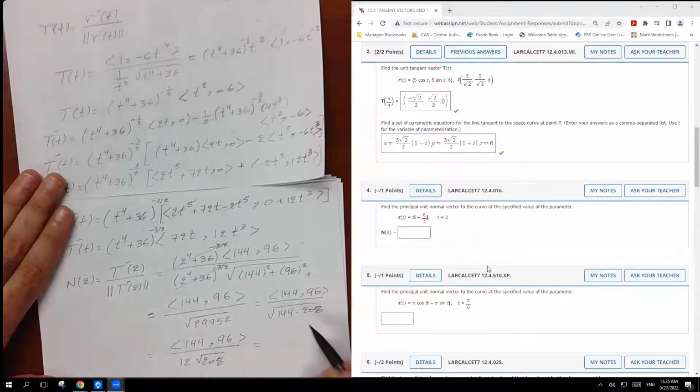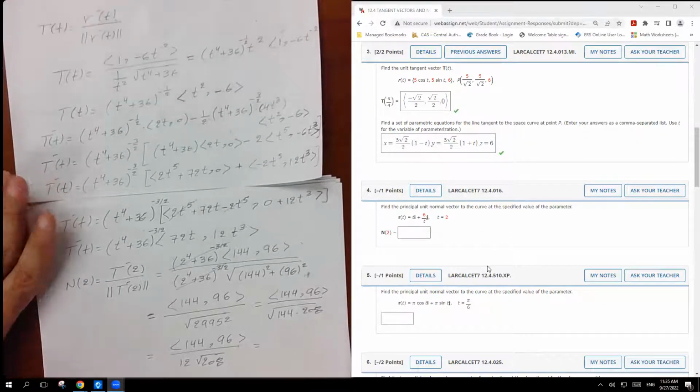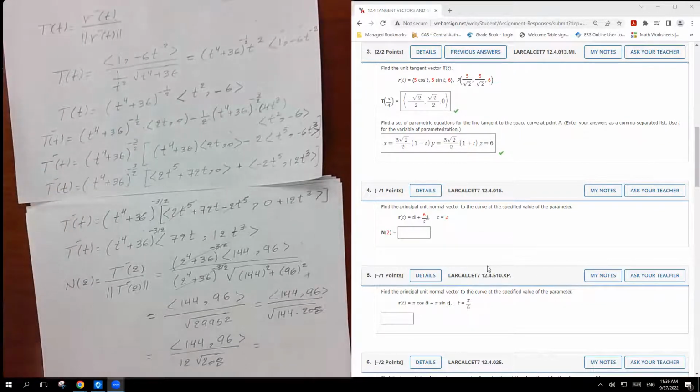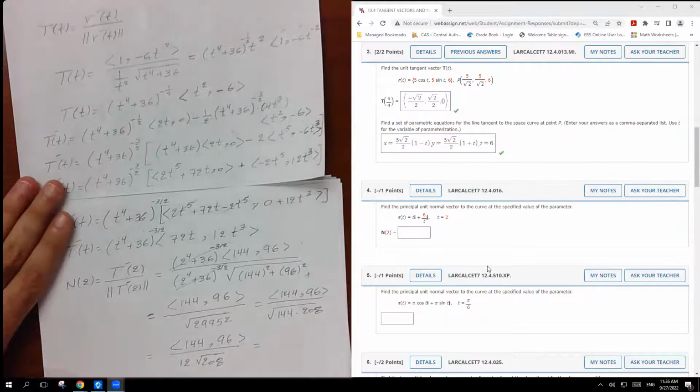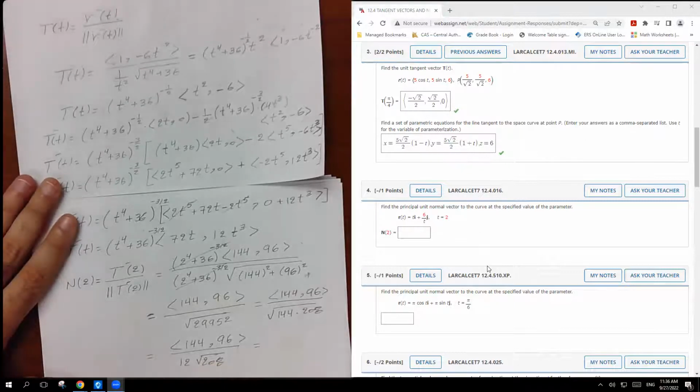I think there's a square root for 208, which is 13. Let's check 13 times 4, 12. We can simplify this one more. 48. 12 times 16 times 13. 16 times 13, 208.